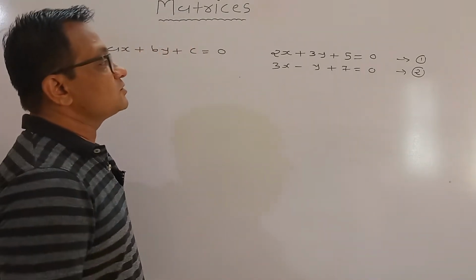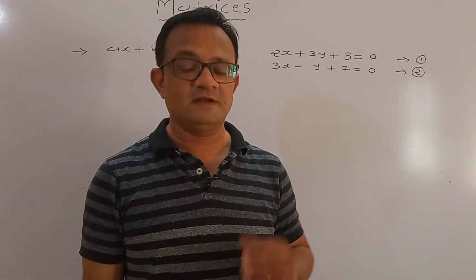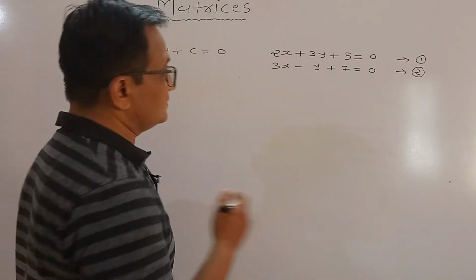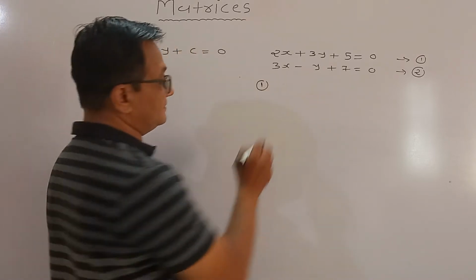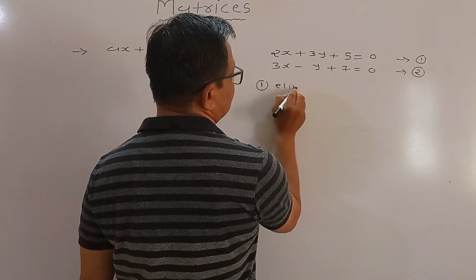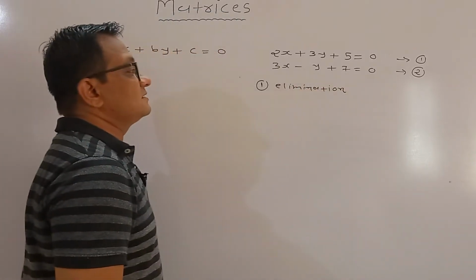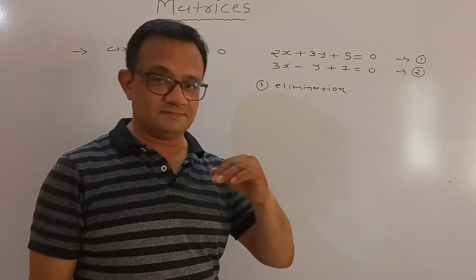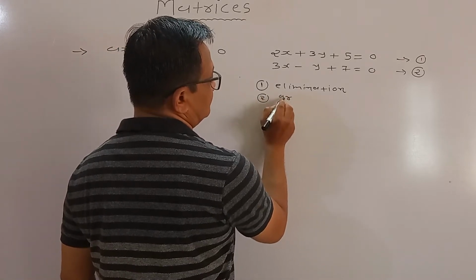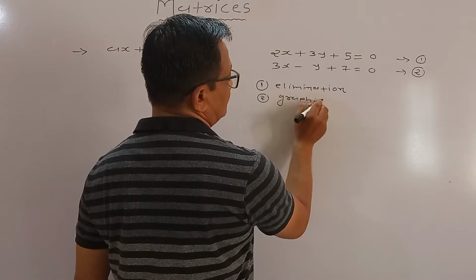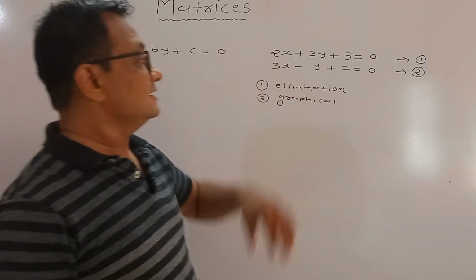Now for solving such two simultaneous linear equations we have 3 to 4 methods, and all of you know about them. First is the elimination method; by elimination you can get x and y. Second is the graphical method, in which you draw the graph of the two equations.